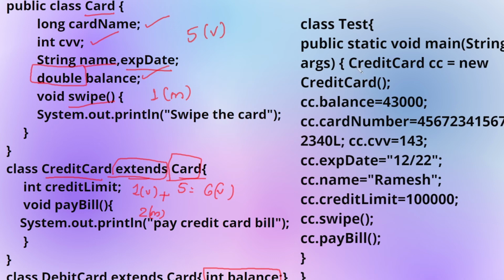In public static void main, when you have created a new object of the CreditCard class, you have taken cc.balance. Do you have any balance here? No, but it is there in your supermost class, so I have taken the balance. Card number: do you have any card number? No, but it is there in the supermost class. CVV, it is there in the supermost class.